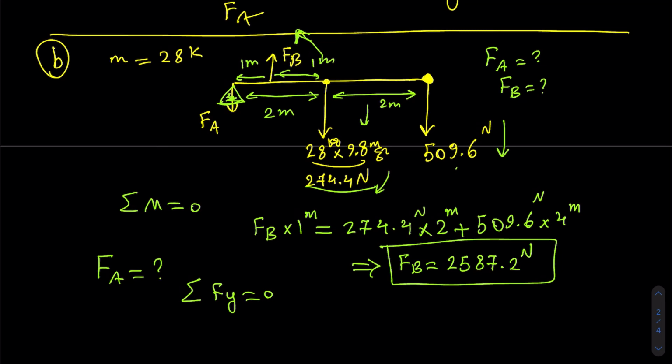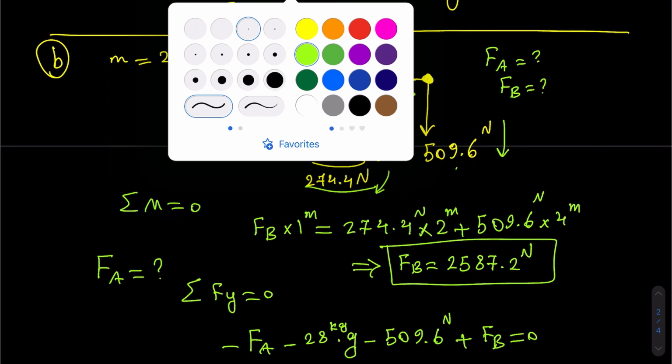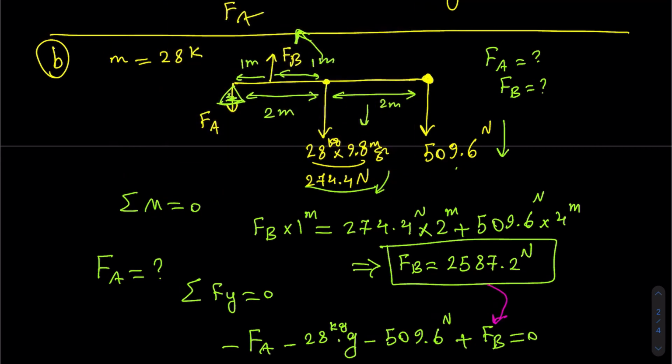So if we use this first condition of equilibrium, minus FA minus 28 kilograms times g minus 509.6 Newton plus FB must be equal to 0, and we have already found FB, so we need to replace it here.